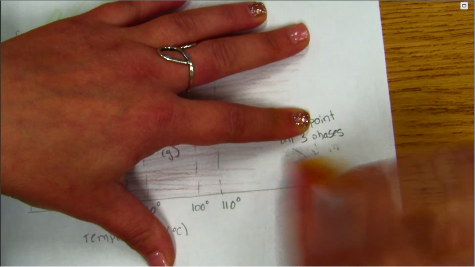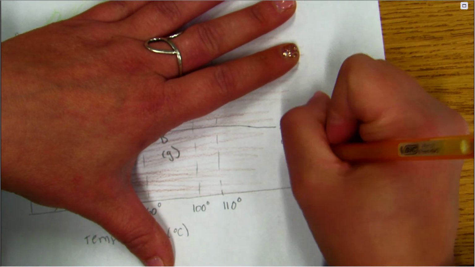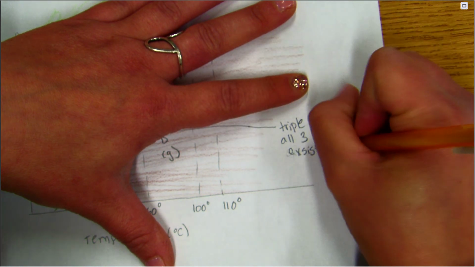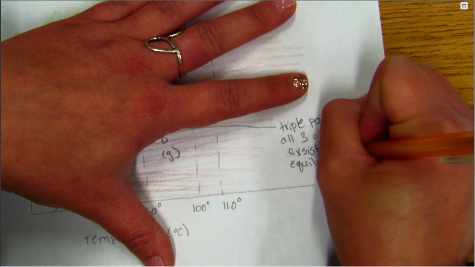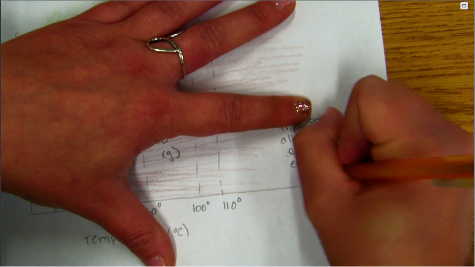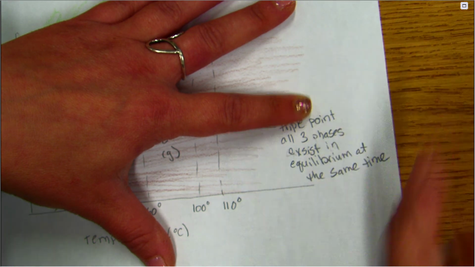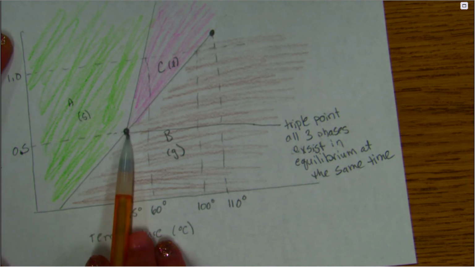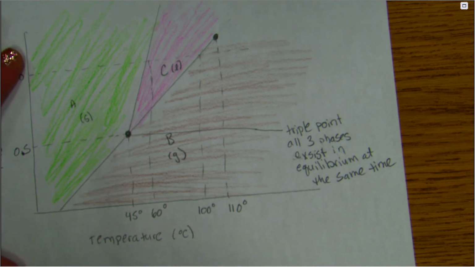Spelling is not going well for me today, is it? Okay. Exist. So it is possible at a certain temperature and a certain pressure to have a solid, a liquid, and a gas at the same time. So that is our triple point.